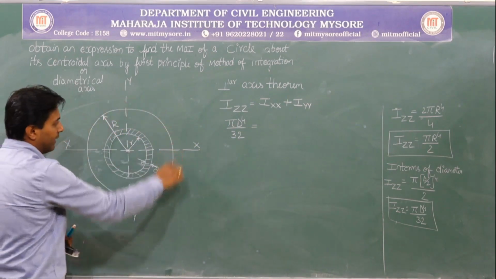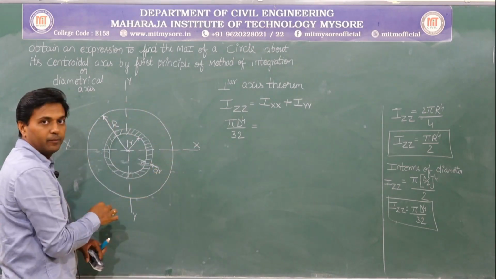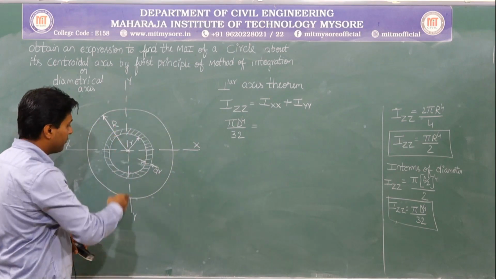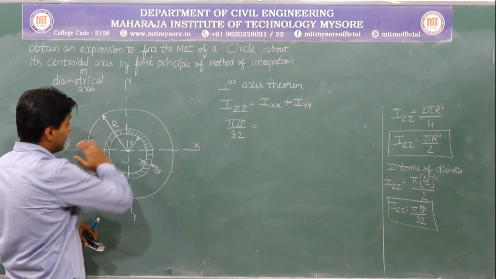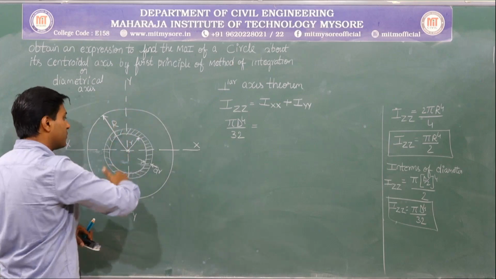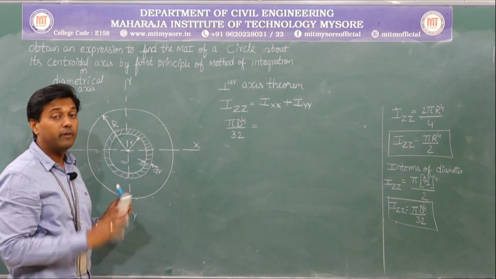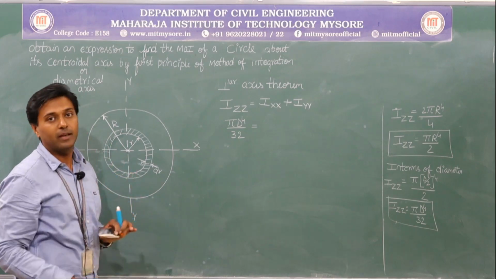As it is a circle, the moment of inertia about the x-x axis and the moment of inertia about the y-y axis will be the same, because if I cut it along the x-axis, it becomes two equal parts. In the y-y axis also, if I cut it, it becomes two equal parts, where all the parts are of the same area.